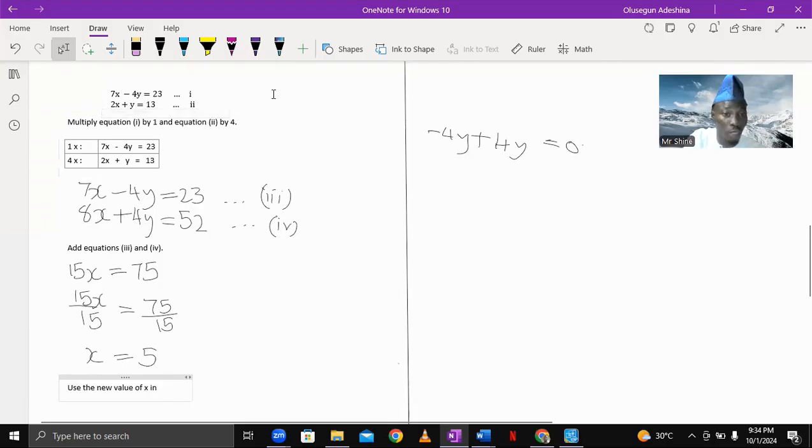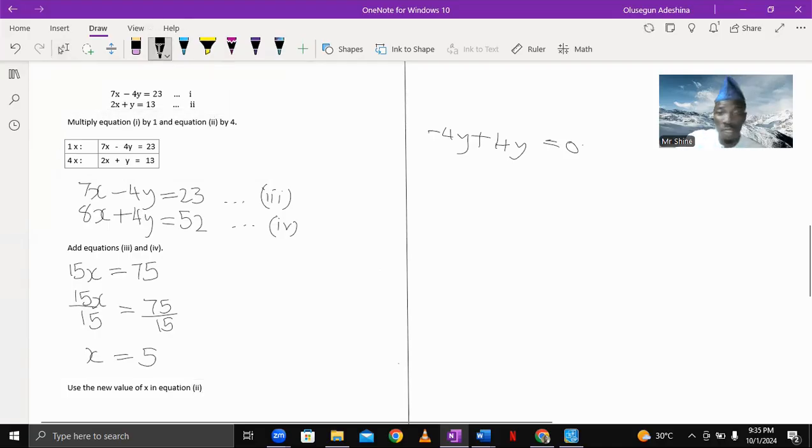Whichever equation we choose, we're going to get the same answer. So let's choose equation 2 only because it is the simplest, so that we can arrive at an answer quite on time. All right, so in equation 2, we're using this new value of x, which is 5. So how does that go? What does that give us?